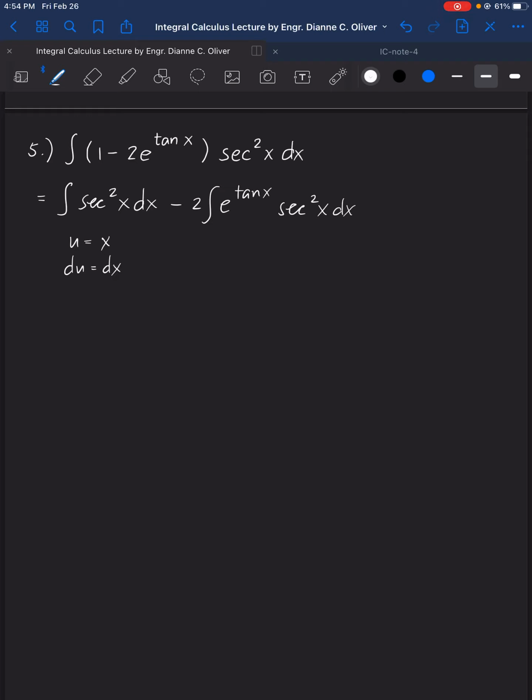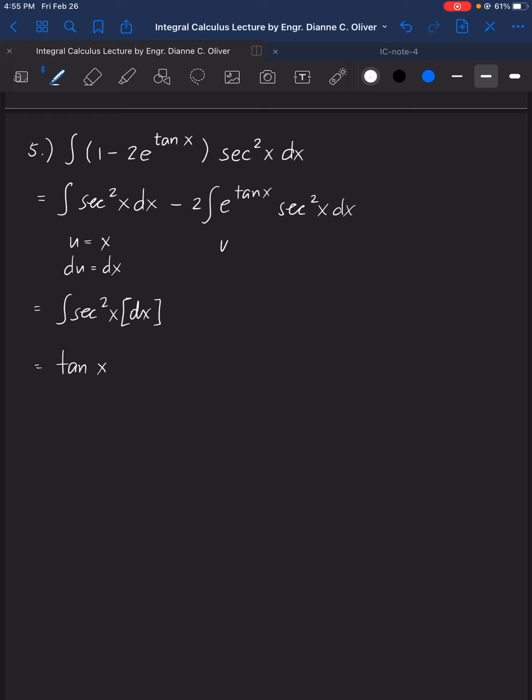Then this is a simple trigonometric formula. We will use simple trigonometric formula. What is the integral of secant squared x dx? Therefore, the answer here is tangent x.